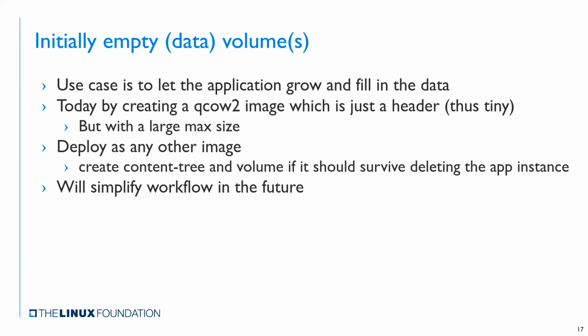And right now this workflow is a bit complicated. The UI reflects that we have all of these different layers with content trees and volumes, and it's possible to simplify that. So basically, you can say, just give me a blank volume of this size, and it will be provided to the application.